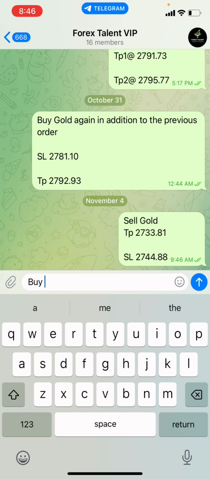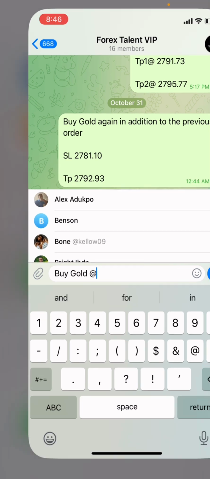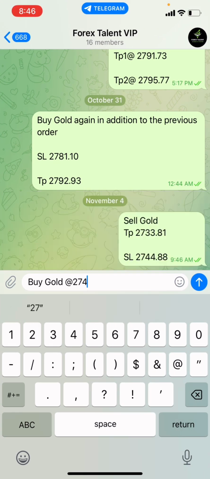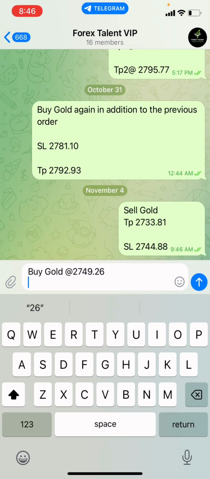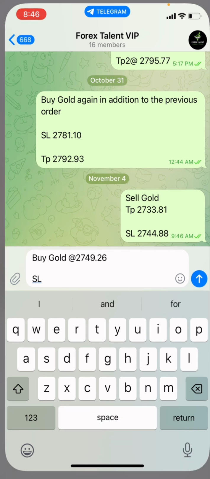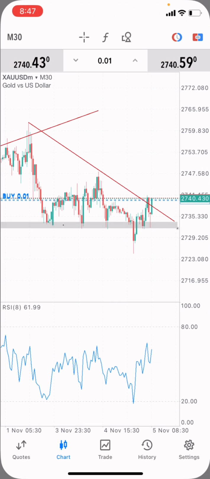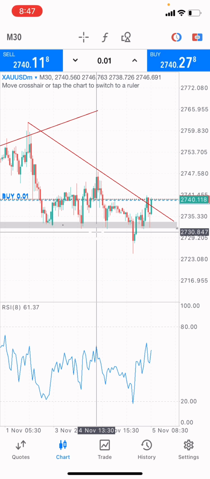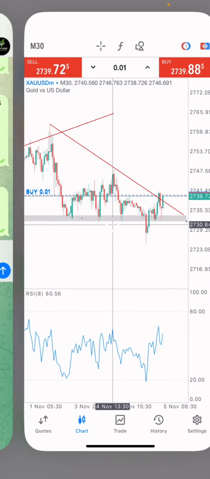Buy gold at 2740.26. SL should come below here, which will be 2730.84.